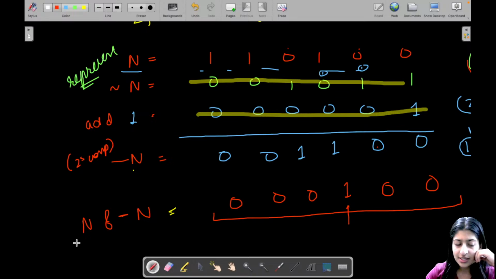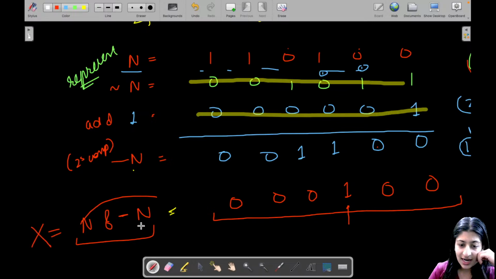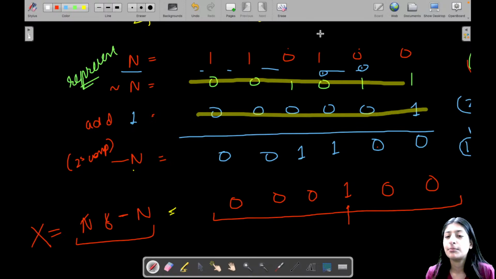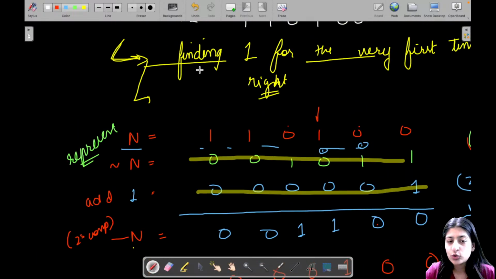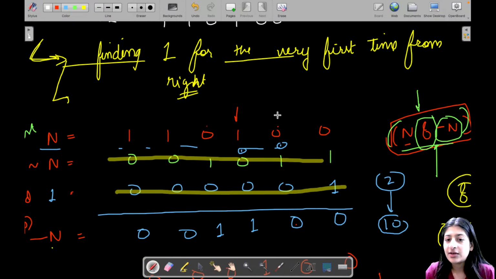In the binary representation of this number, let's say this is number x, whatever x I found from here, you can observe that I have one exactly at that position where I wanted to find the first set bit. My question was to find the one I get when I start from the rightmost index.